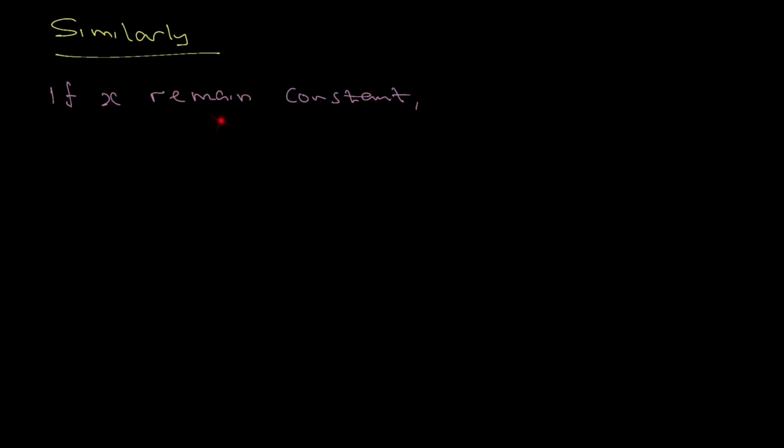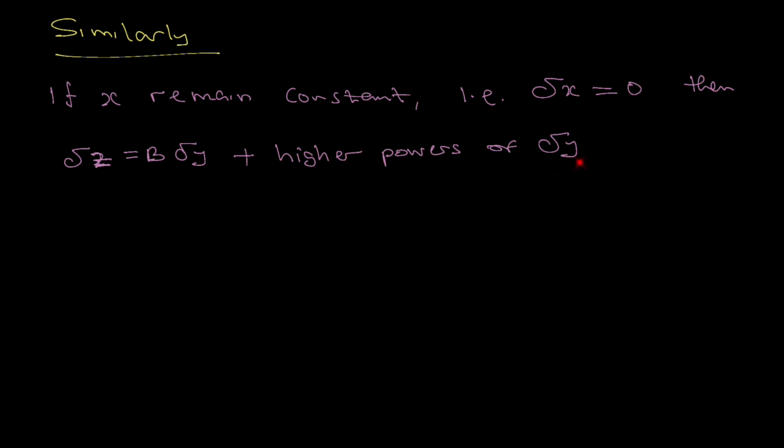Similarly, if x remains constant, that is delta x equal to 0, then delta z will be equal to b delta y plus the higher powers of delta y. Divide both sides by delta y. The higher power term will be 0 because it is so small. We get delta z over delta y approximately b.